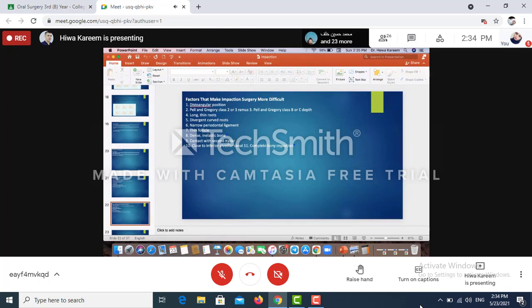Contact with the second molar. In this condition you may injure the second molar, and it is close to the inferior alveolar canal, or completely bony impacted. Need more bone removal.